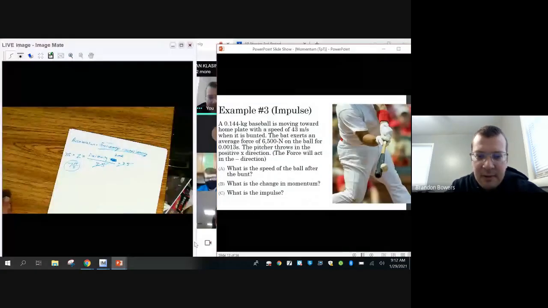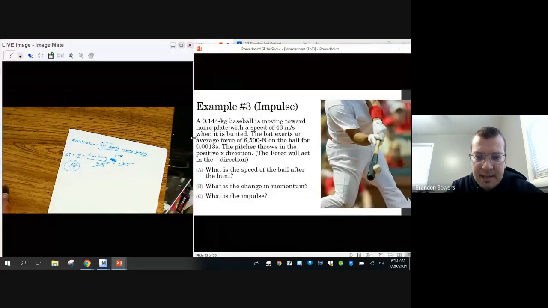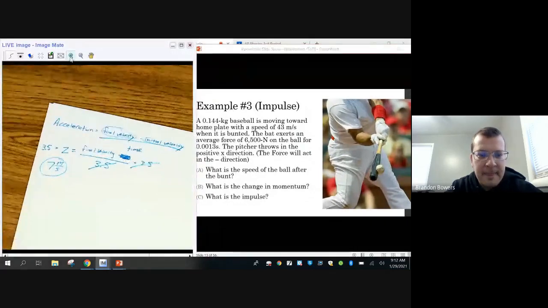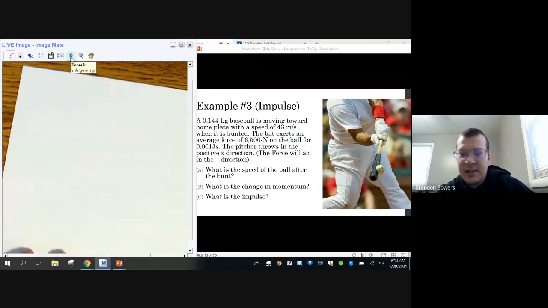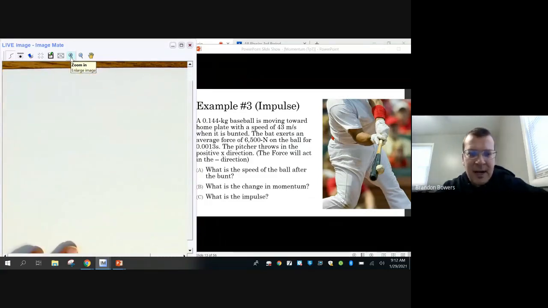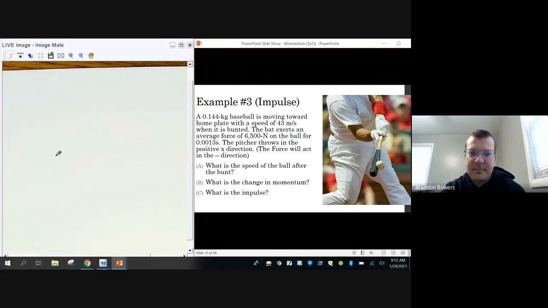All right, so impulse, if we check this out, let me make that a little bit larger so we can read it. Impulse is the change in momentum. So if we look at a problem like this: a 0.144 kilogram baseball is moving toward home plate with a speed of 43 meters per second.